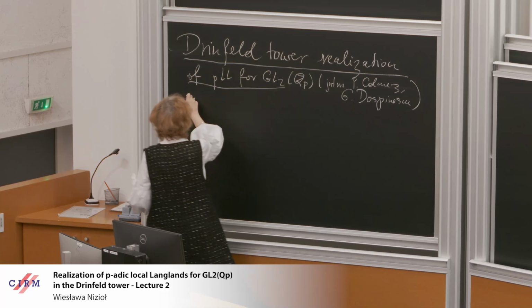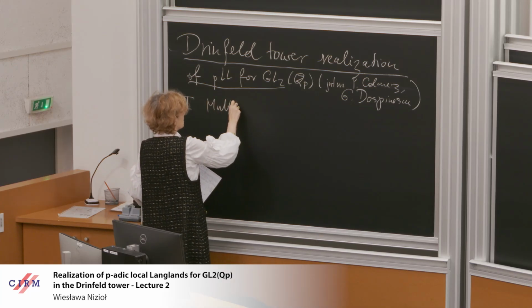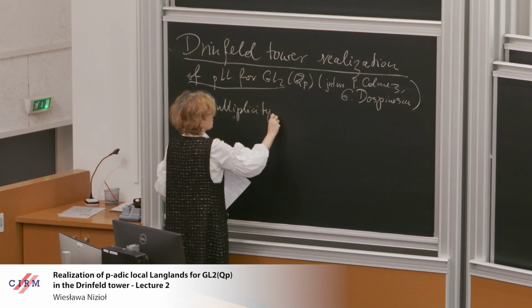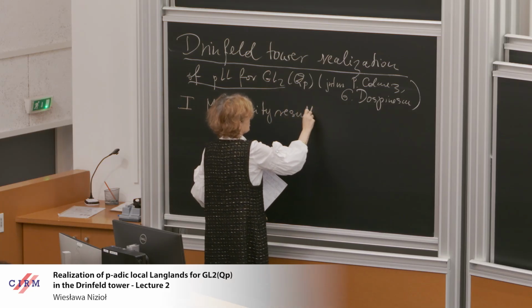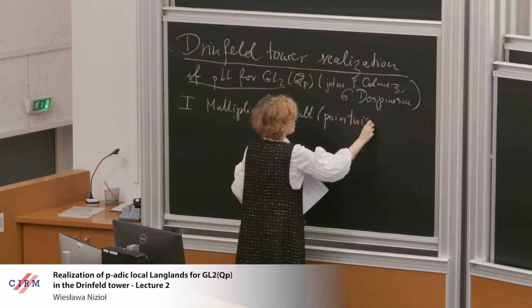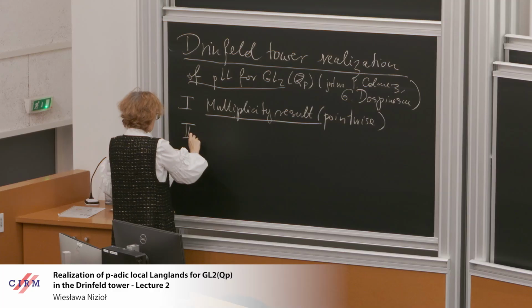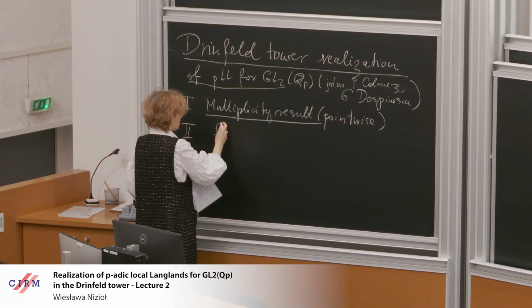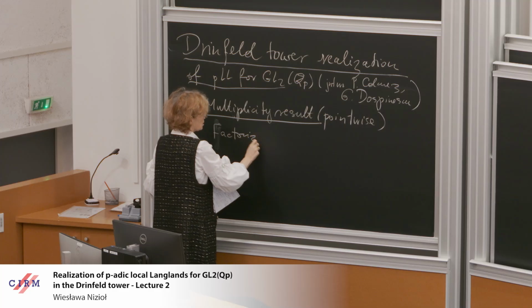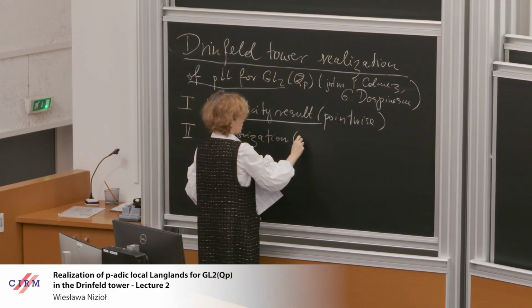The first part is a multiplicity result, which we like to call pointwise results. And second, factorization, but at finite level.